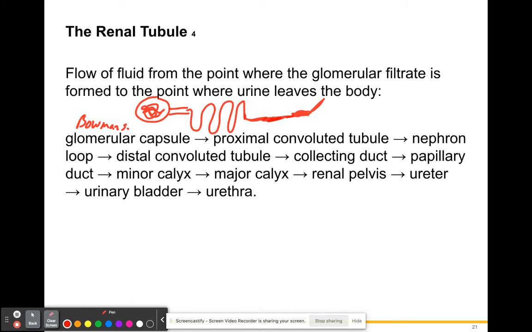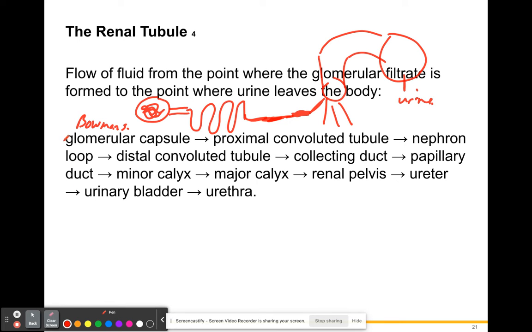calyx of each medulla. You'll have a lot of minor calyces going into a major calyx, which then enters out into the renal pelvis, which then goes into our ureter, which then goes to our bladder, which then goes to the urethra, which is where we urinate from.